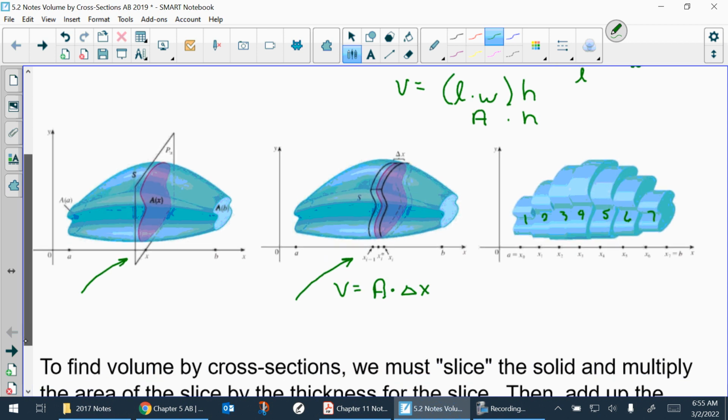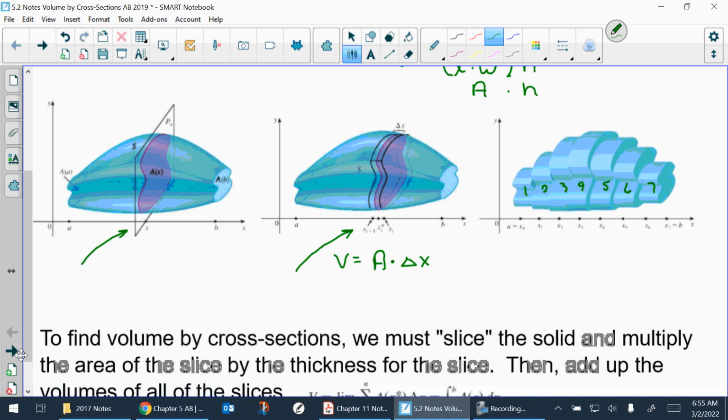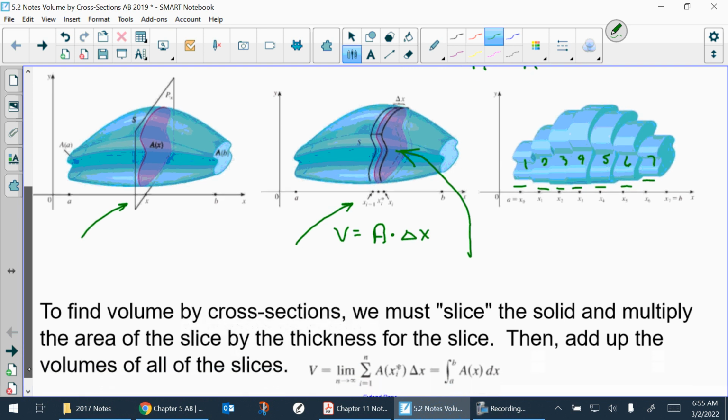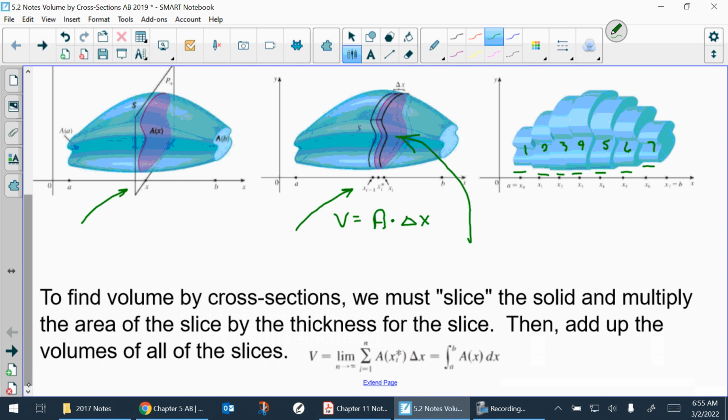So this is called volume by cross sections, because what we're going to do is make a slice. And that slice is a cross section of our loaf of bread or whatever we've got. And so we're going to find the area of it, multiply it by the thickness, and we're going to add as many of these regions together as we can. And the more regions we add together, the more accurate our estimate of this volume is going to be.